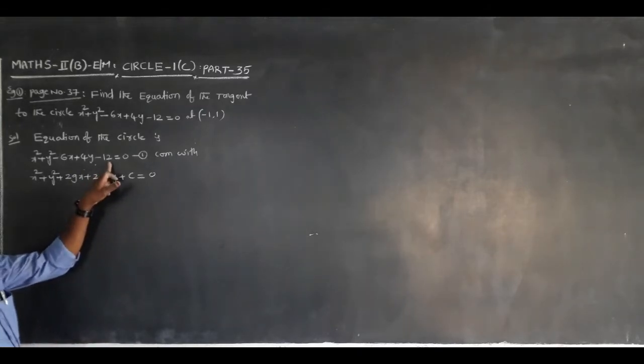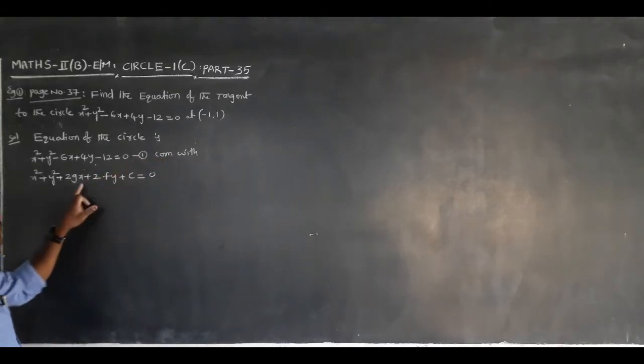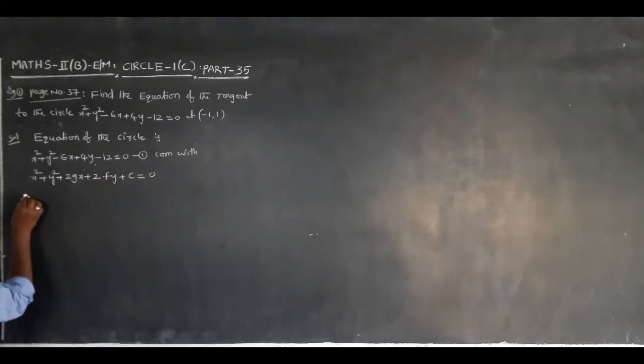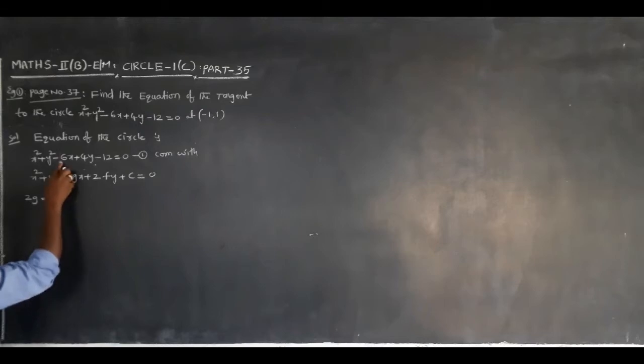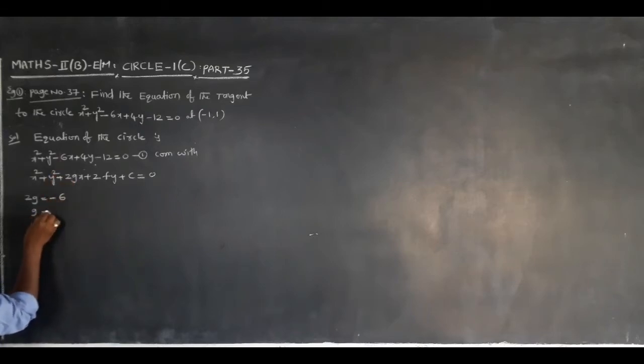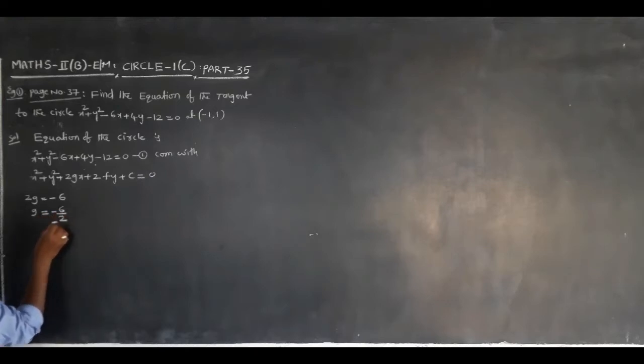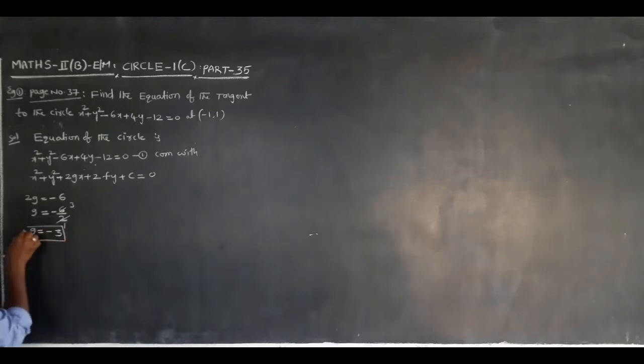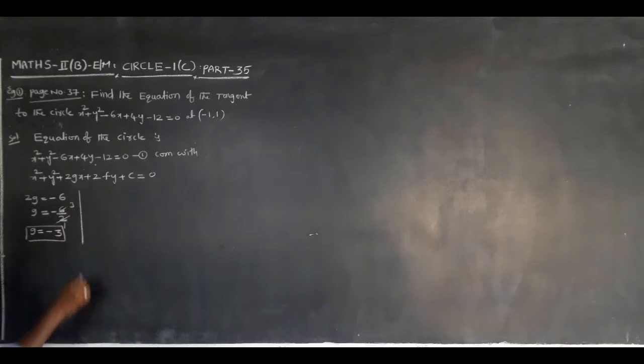Here x coefficient 2g is equal to minus 6, g is equal to minus 6 by 2, g is equal to minus 3.